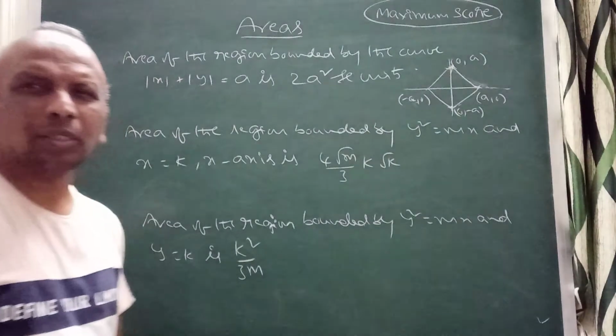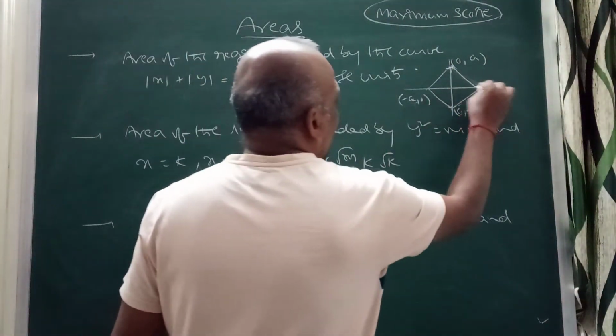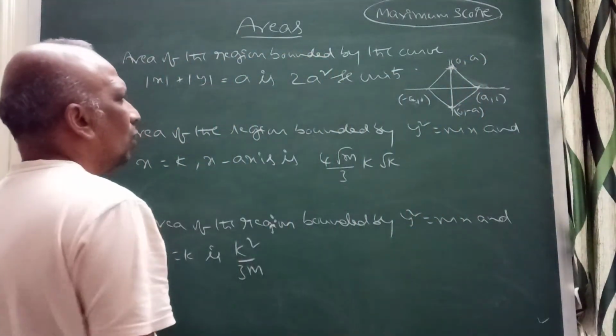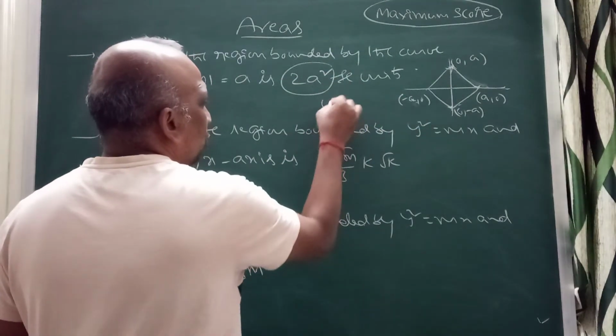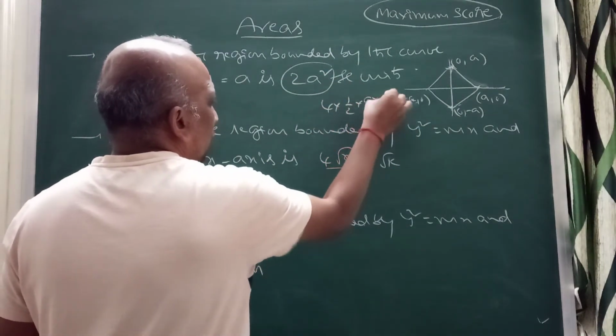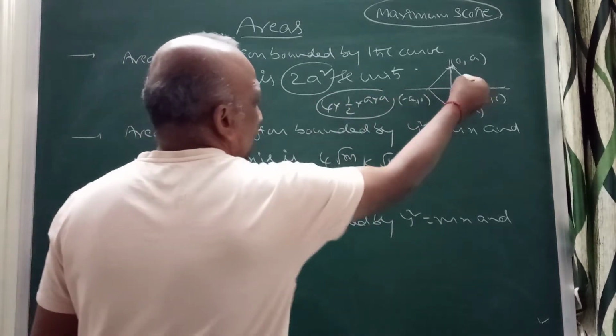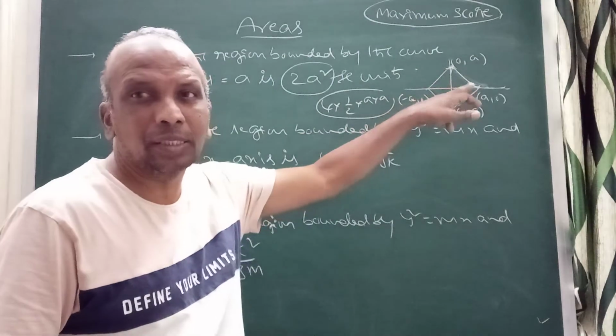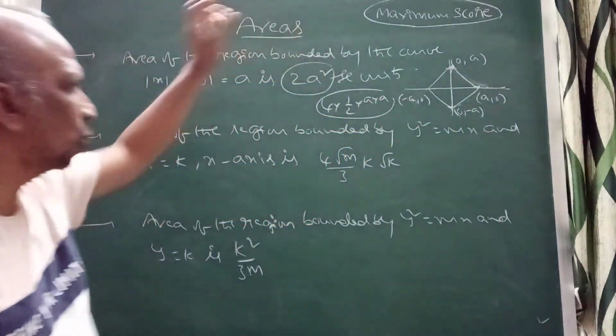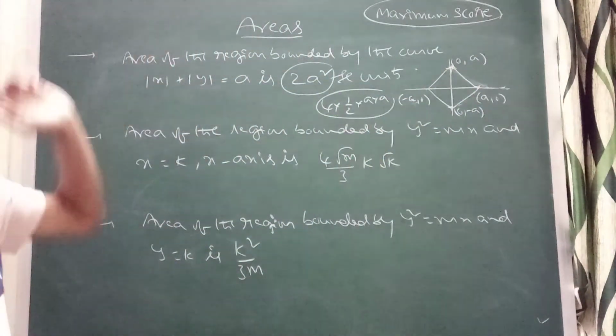It will come like this. Automatically the area is 4 times this, 4 triangles, 4 into half into a into a. It becomes 2a square. You can remember as a formula.